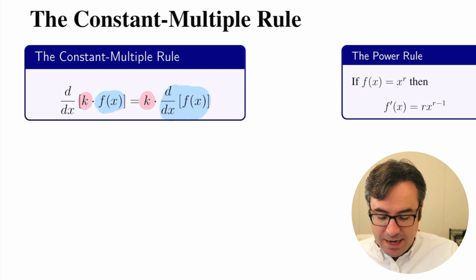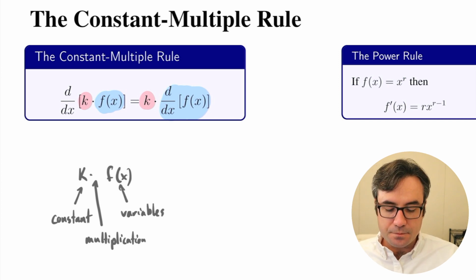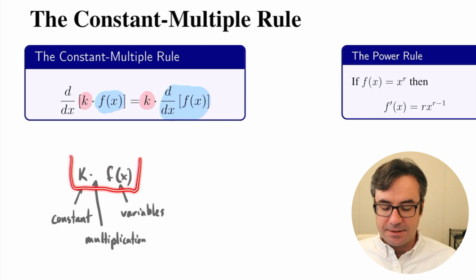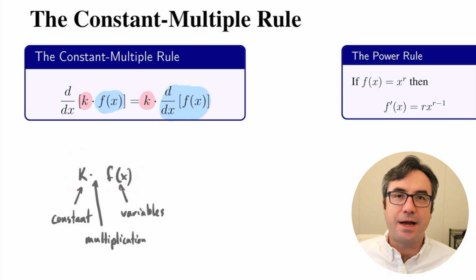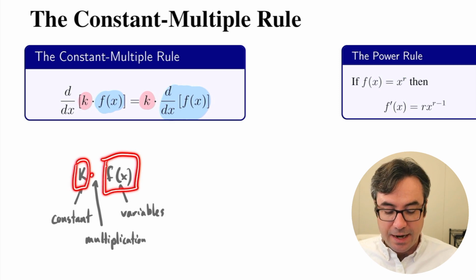Well, this is a constant k we're multiplying, so there's some multiplication. So we're taking a constant and we're multiplying it with some variable terms, f of x. So this is what a constant multiple of a function is. We have a function times that constant.